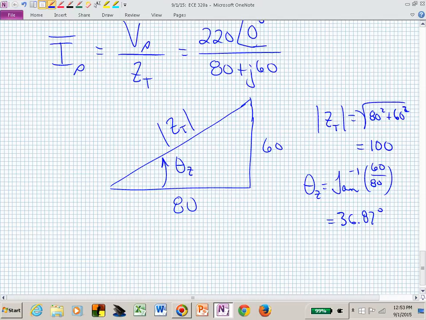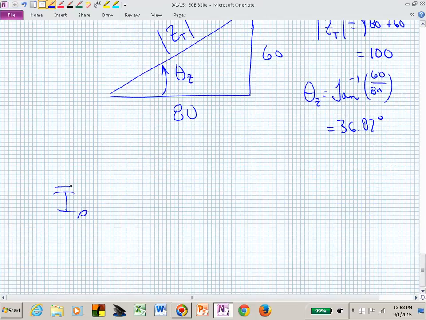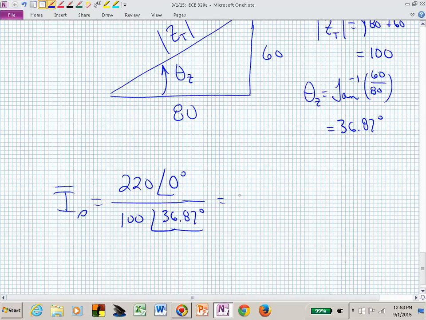And that can now go into our formula for the current. And you might want to just remind yourself of what you have. That's now amps in RMS.